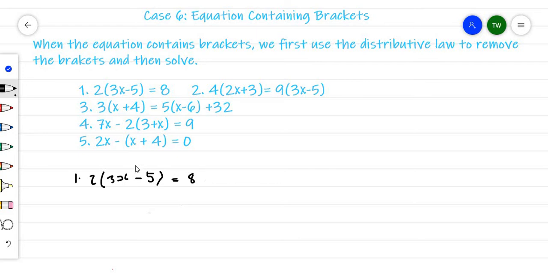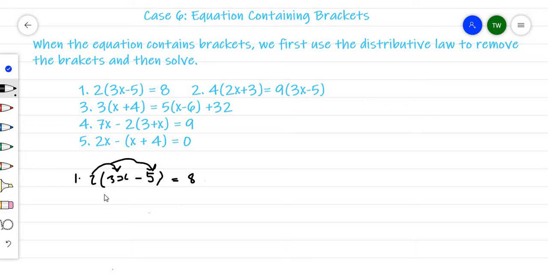Now, if we are going to apply the distributive law to this question, the distributive law states that whatever is directly outside of the bracket, we must use it to multiply each term inside of the bracket, right? So in other words, I am going to use this 2 to multiply the 3x and then use the 2 to multiply negative 5.